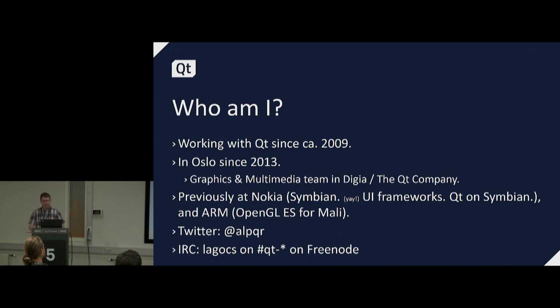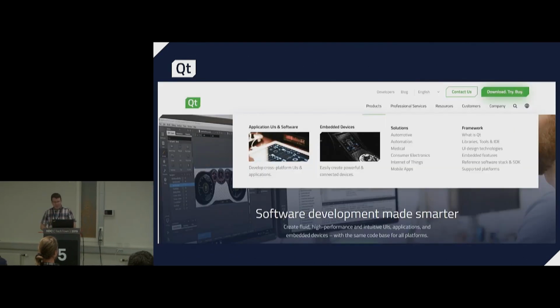Then later I was working on Qt itself, on the Symbian port. Between these two places I also spent some time in Trondheim at ARM, where they developed the Mali GPUs. And there I worked on implementing OpenGL ES 3.0 for the Mali 600 series. Yeah, that's enough for now.